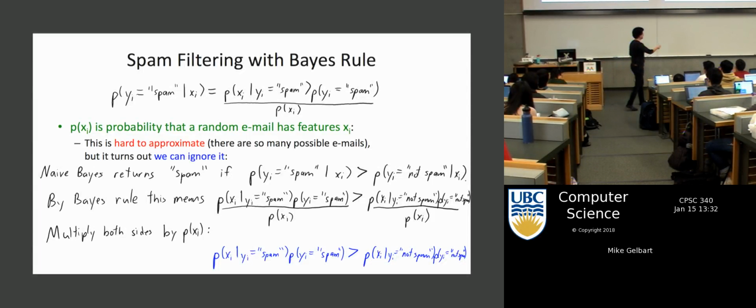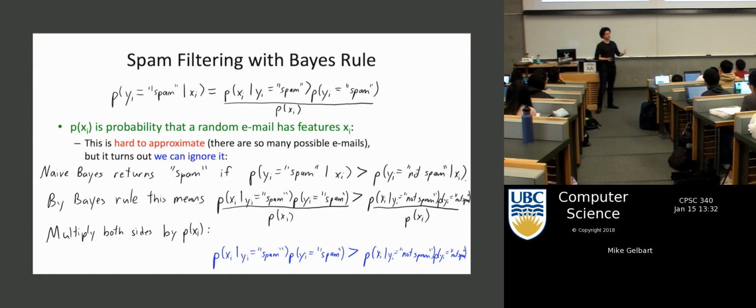And then there's the part that actually involves X. So you have your inherent inclination just based on what's more common. And then you have the part that's based on X, which is, I looked at the email, and this looks like a very spammy email, or a very not spammy email. So what this Bayes rule approach is doing is letting those two things fight it out.